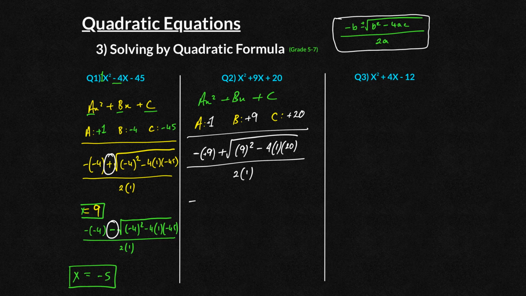So if you put all of that into your calculator, you get a value of x equals -4. And we do the same thing again, but this time for the negative.